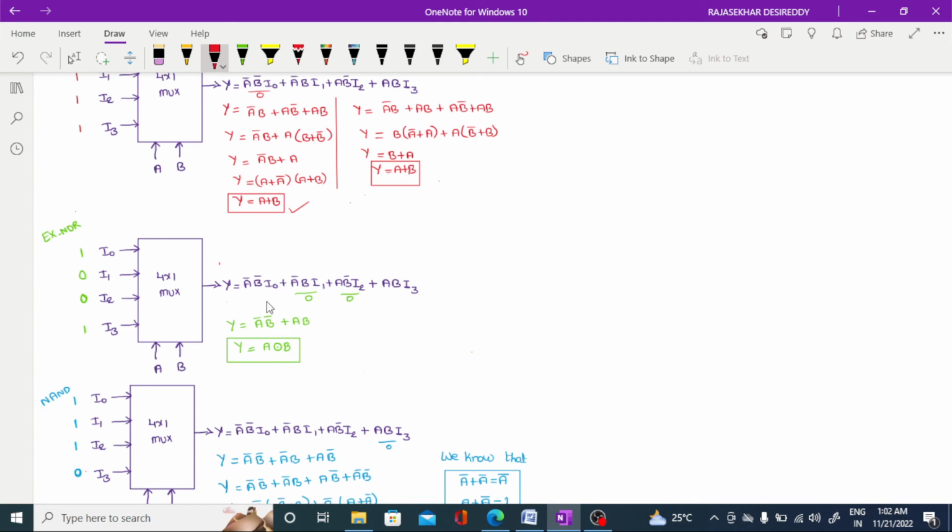Anyway, these two are 0, and the I0 value is 1, the I3 value is 1. So again it is the direct formula. It is very much simpler compared to the OR operation.